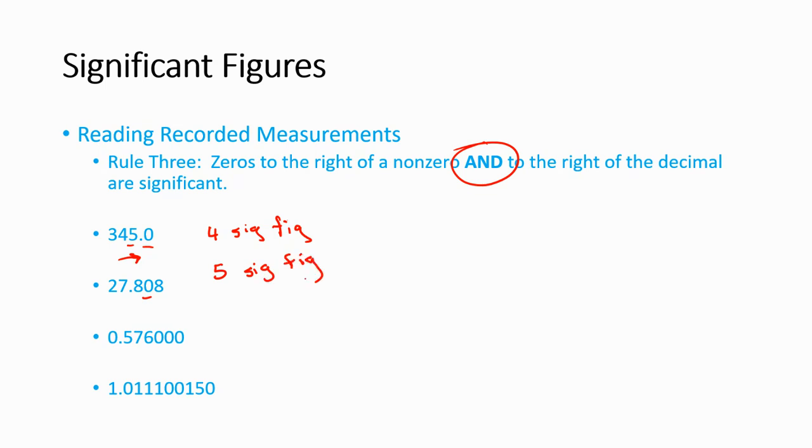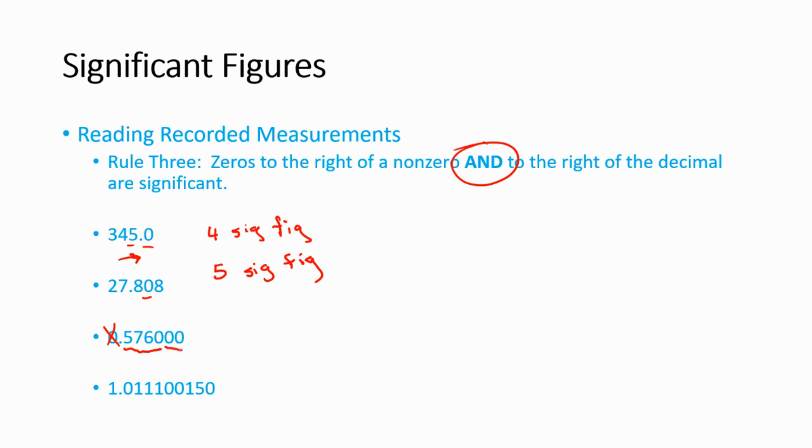This next one is where people really begin to understand the rule fully. We still don't have a rule about this first zero, so let's leave it out. We've got 0.576000. When I ask students how many significant digits this has, the first answer that I usually get is 4 significant digits. They count 5, 7, 6, and 0. They say the first zero is to the right of the decimal place and to the right of a non-zero, so they say it's 4 significant digits.